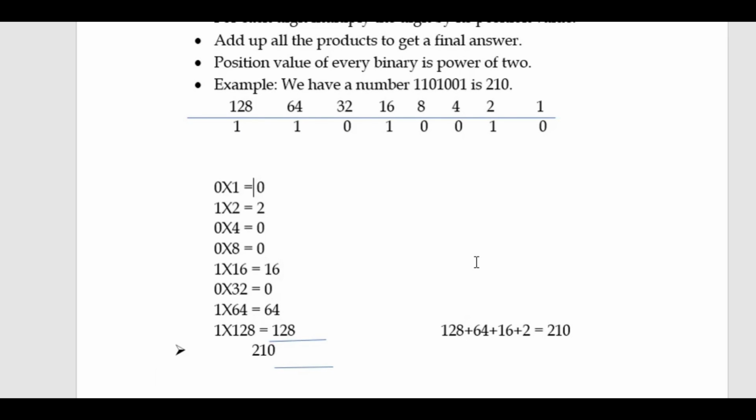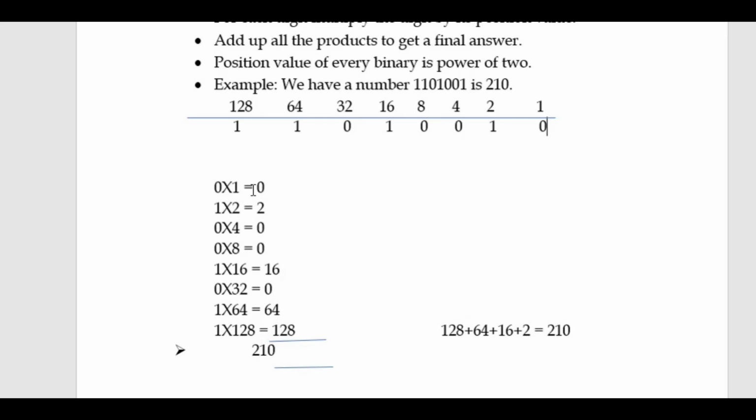We multiply with respect to position, coming from the right. 0 multiplied by 1 is 0, 1 multiplied by 2 is 2, 0 multiplied by 4 is 0, 0 multiplied by 8 is 0, 1 into 16 is 16, 0 into 32 is 0, 1 into 64 is 64, 1 into 128 is 128.